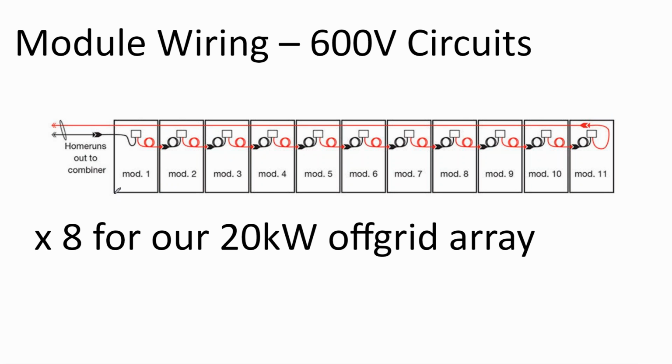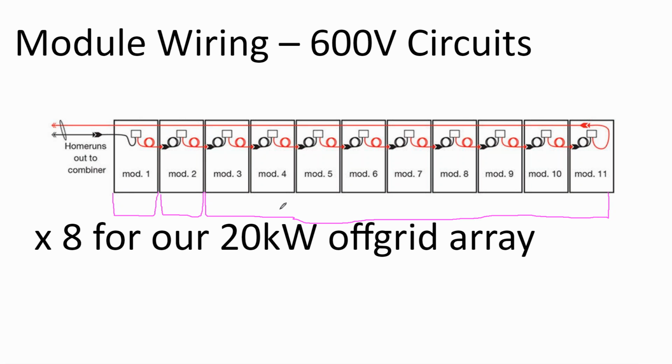What I really want to talk about here is a commercial wiring technique that I'm a fan of. I would only recommend it to seasoned installers. It's not something you want to start out a new crew with. But commercial solar modules are a little bit taller than residential solar modules.